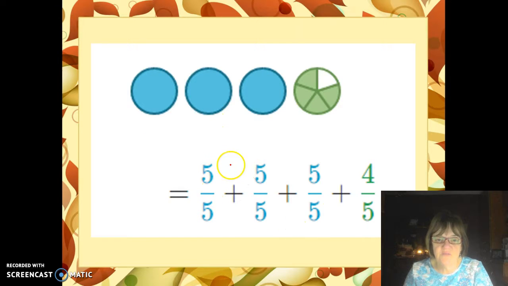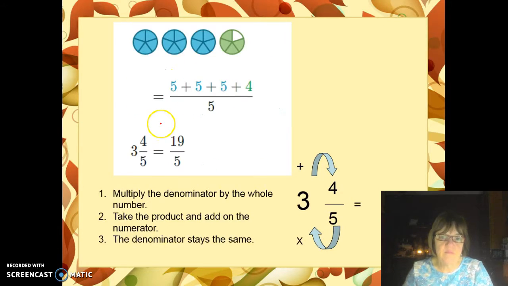Because 5/5 is one whole, we can just add up the numerators. As you can see, I could just sit here and count each of these. 5 plus 5 plus 5 is 15, and 4 more is 19. So there's our answer. But that's great to understand the concept.